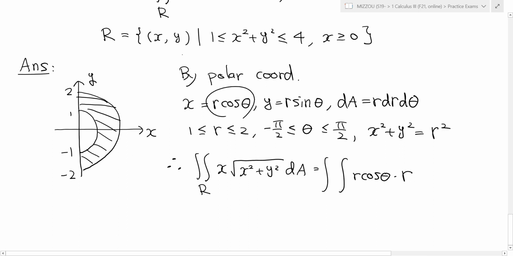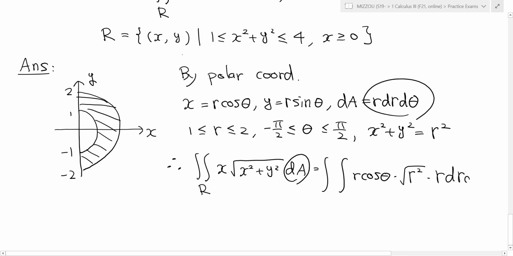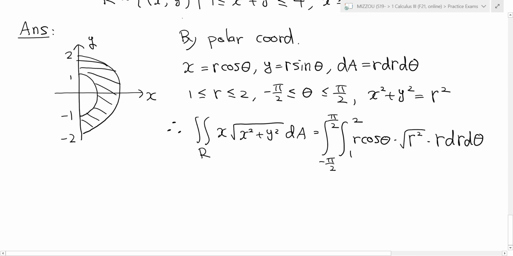Well, maybe to be precise, the square root of r squared. And then dA is r dr d theta. And then the limits are r is from 1 to 2 and theta is from this.